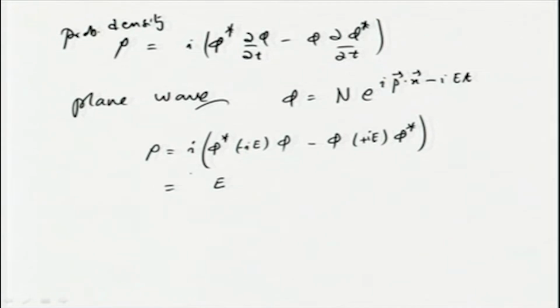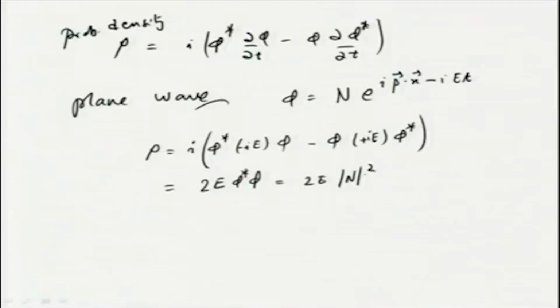So, that is again going to give you a plus e. So, total 2e φ*φ, which is 2e N² mod N². So, rho in the case of plane wave solution is twice the energy of the particle corresponding to the wave function, times the normalization square.